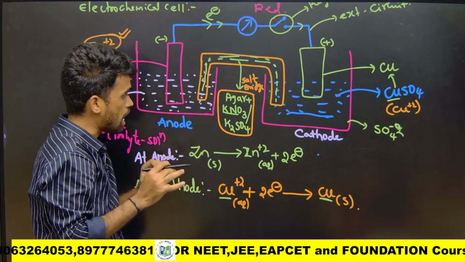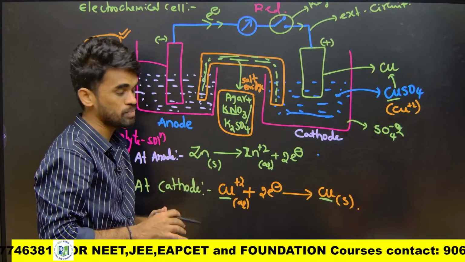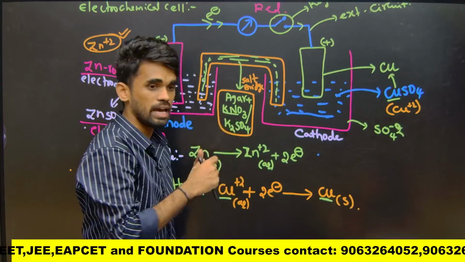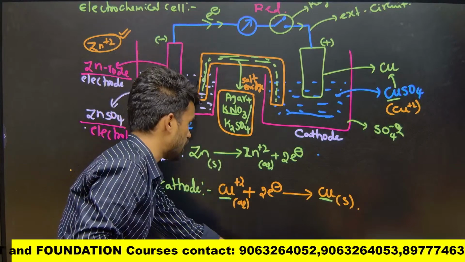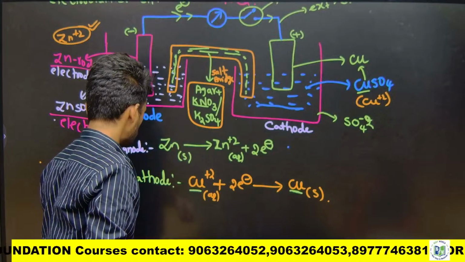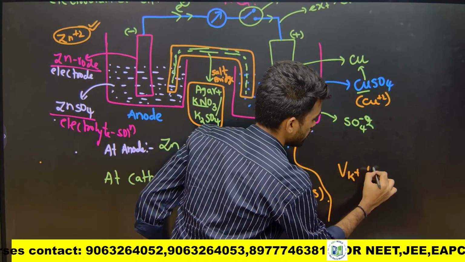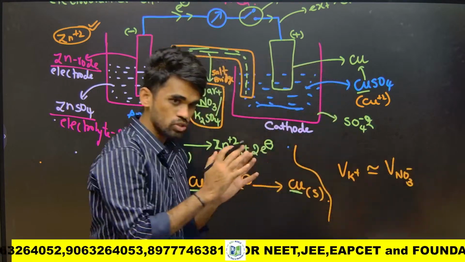Okay, now you should also ask me why only KNO3, why only K2SO4, like this only. The mobility or the velocity of K+ and NO3-, the potassium ion and nitrate ion, is the same. So what I can write here: the velocity of K+ and the velocity of the nitrate ion are almost equal.